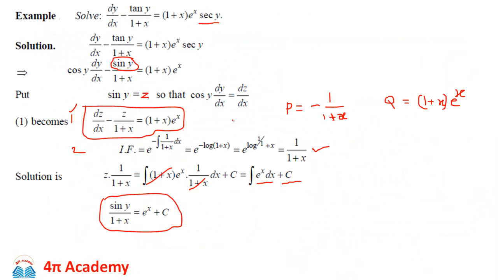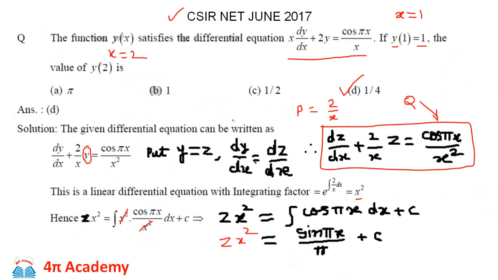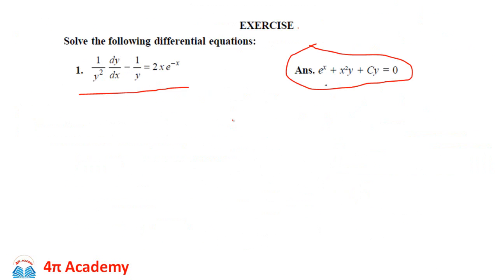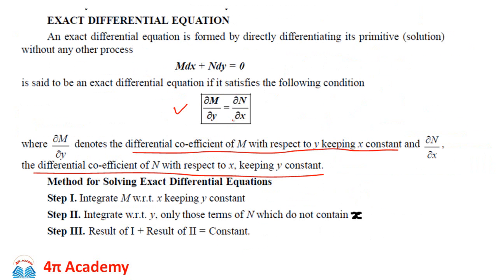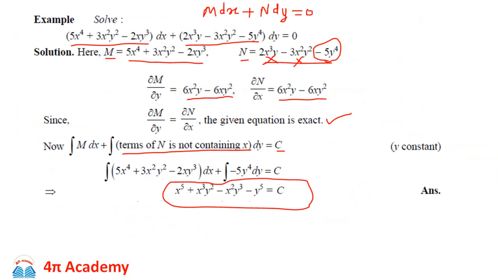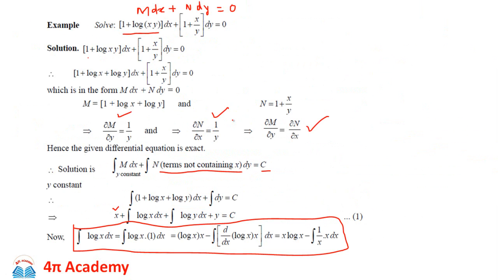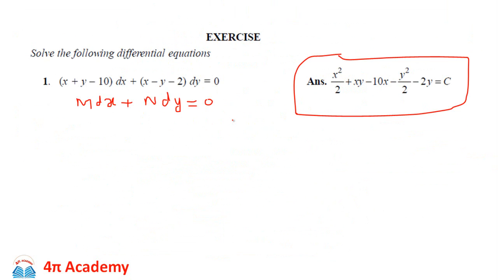Then we have seen two problems on it, and one problem which was asked on this concept in CSIR NET June 2017. Then I have given you one problem as an exercise. Then we have seen exact differential equation, how to solve the exact differential equation, and we have taken two problems on this concept, and one problem for exercise. Okay. Thank you.